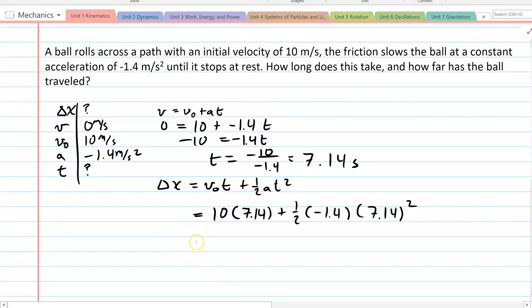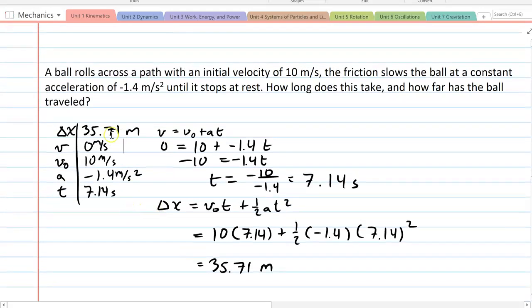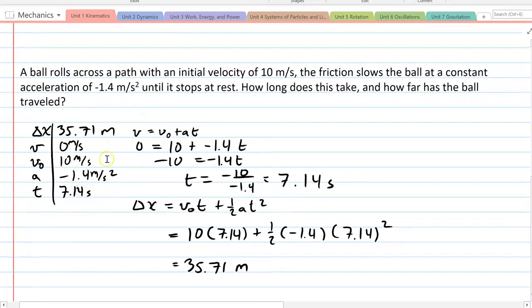I get a distance of 35.7 meters. So in all, we can actually complete this, right? It takes 7.14 seconds and it travels 35.71 meters. And this is basically the idea of solving it kinematic style, one dimension, right?